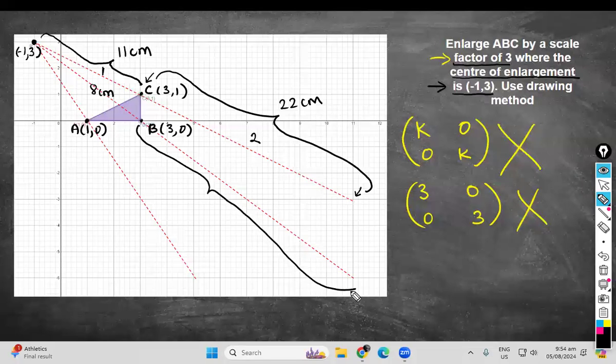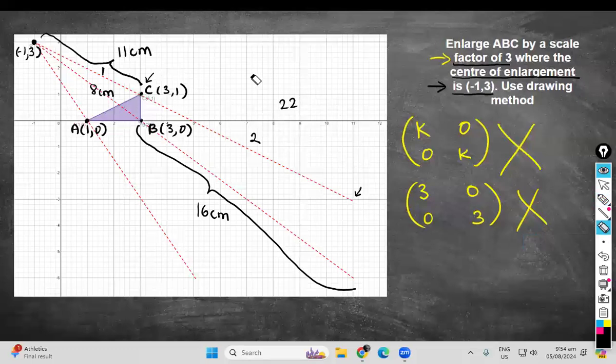From the center of enlargement to B is 8. How much would be the rest of the line? Keyword, the rest of the line. Right, 16 centimeters. The first 8 counts as 1, and 16 is twice 8. So 1, 2, 3.